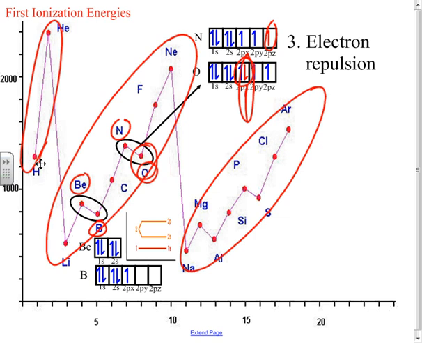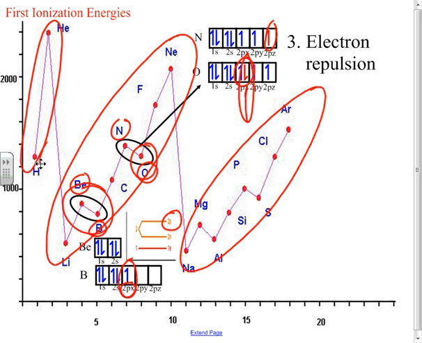And between beryllium and boron, here is beryllium's electron configuration. Its outermost electron is in the 2s, whereas boron's outermost electron is in the 2p. Since the 2p is further away from the nucleus, it's a more outer energy orbital, it is actually easier to remove that outer electron, again showing a decrease in the ionization energy rather than an increase across that period.